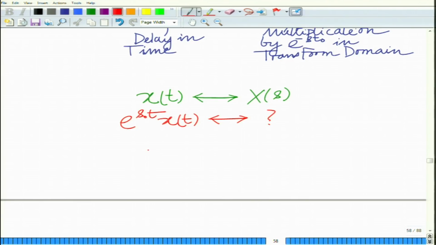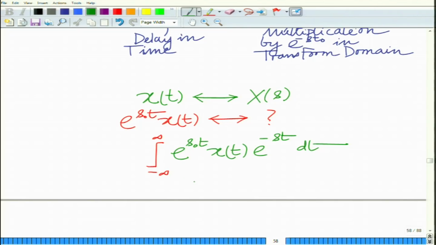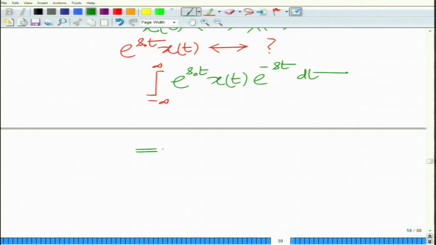To find this Laplace transform, we can perform the integral from minus infinity to infinity of e raised to s naught t x of t e raised to minus s t dt, which I can write as the integral from minus infinity to infinity of x of t e raised to minus (s minus s naught) t dt.